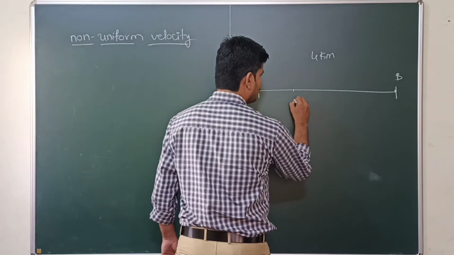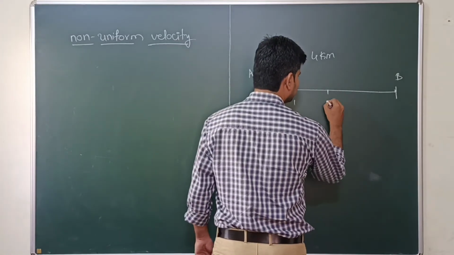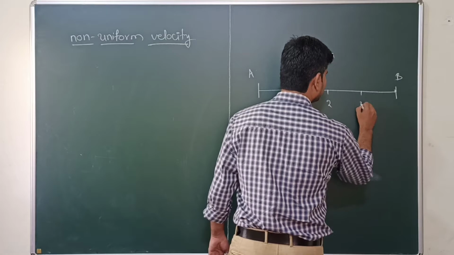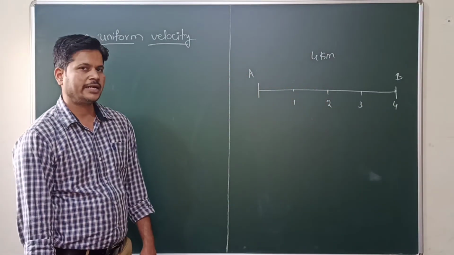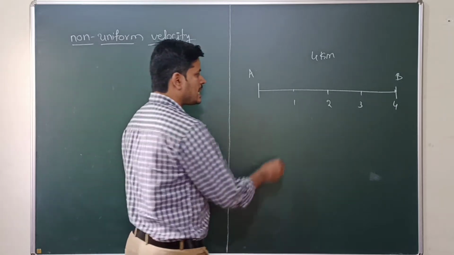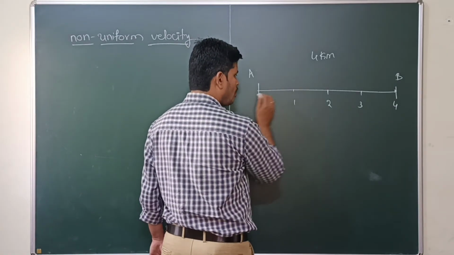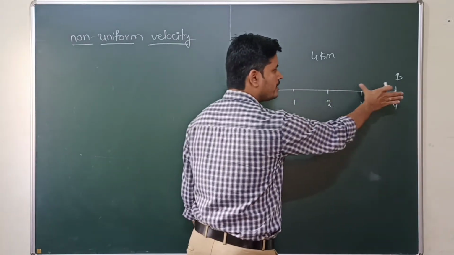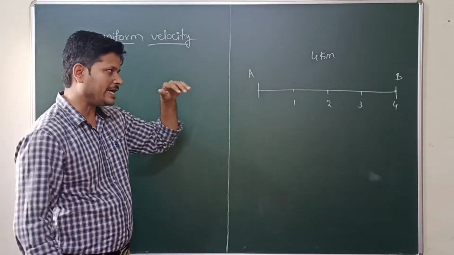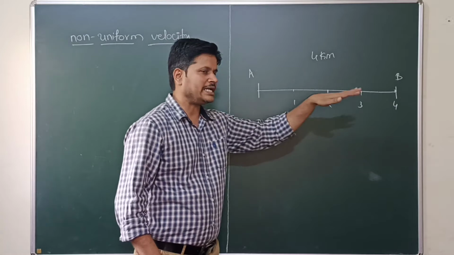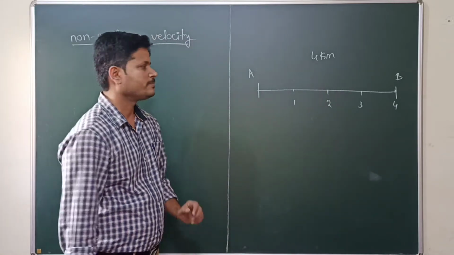This is 1 kilometer, this is 2 kilometers, this is 3 kilometers, this one is 4 kilometers. All these are equal distances, and the object is moving in one direction.